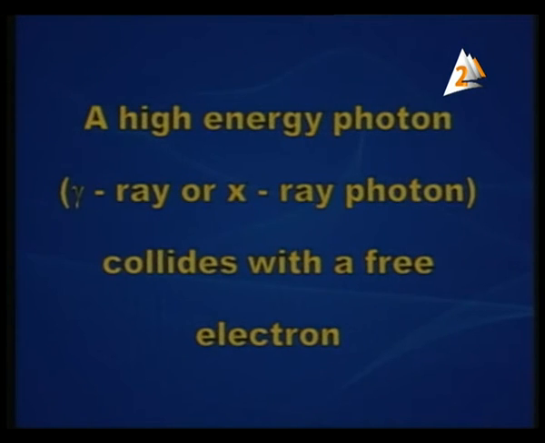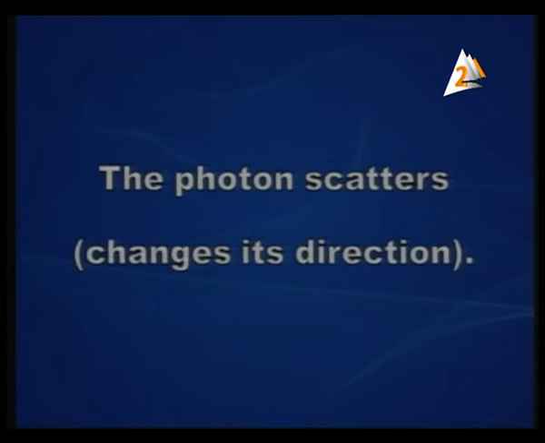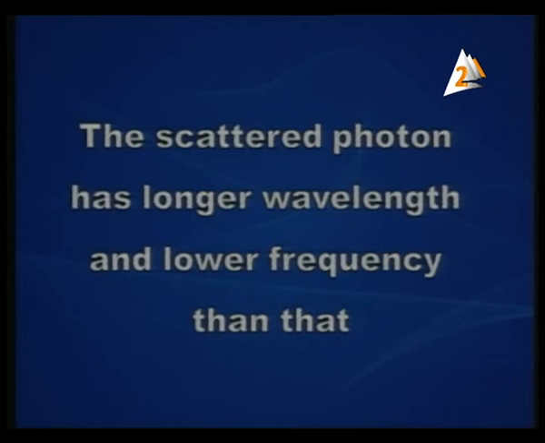What happens when a high energy photon, such as a gamma or X-ray photon, collides with a free electron? The photon scatters. Scatters means it changes its direction. It is called the scattered photon.